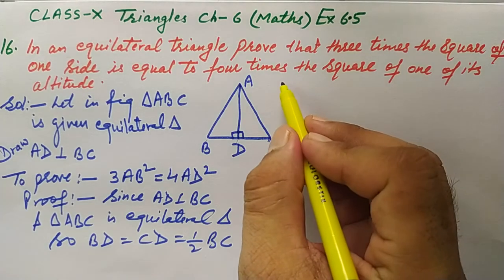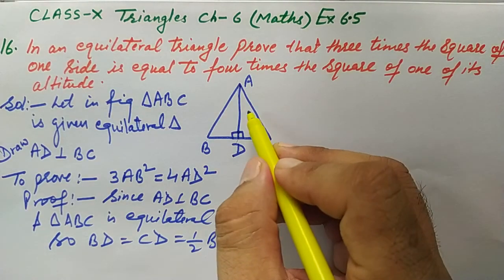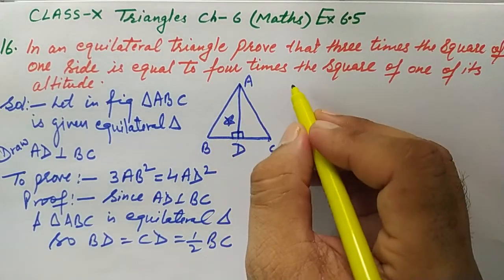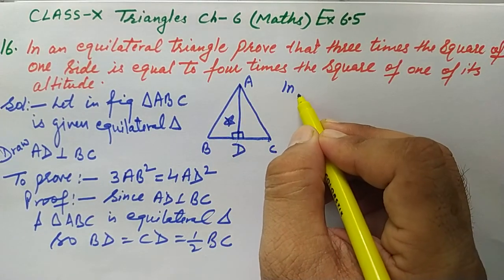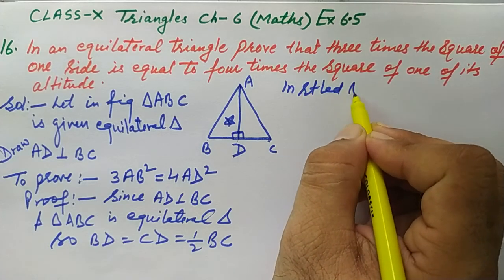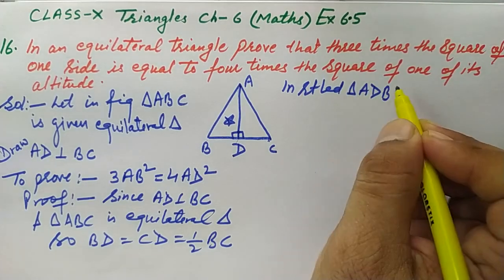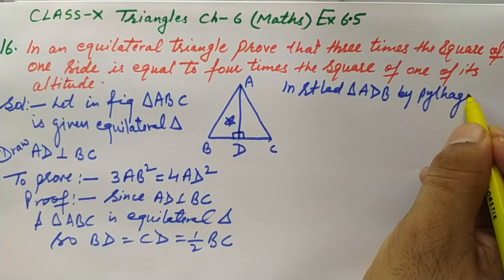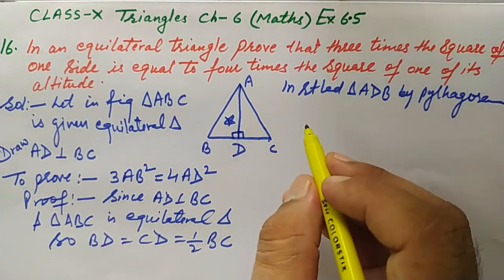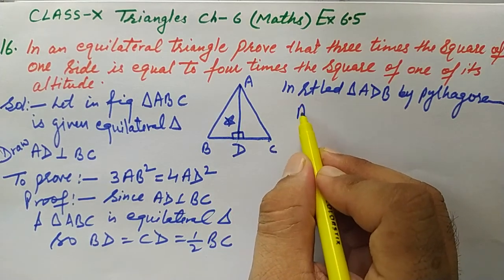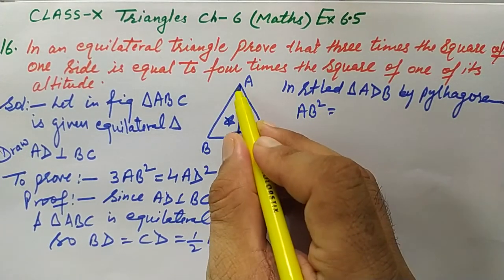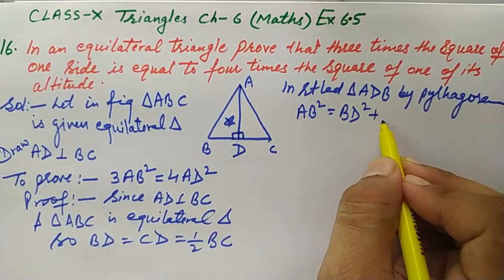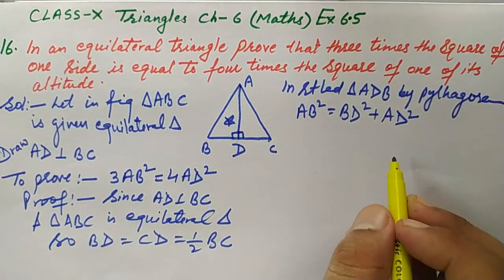So let's come to this side. First of all, use Pythagoras theorem in the right angled triangle ADB. So we'll write in right angled triangle ADB by Pythagoras theorem, AB square is equal to hypotenuse square is equal to base square plus perpendicular square.